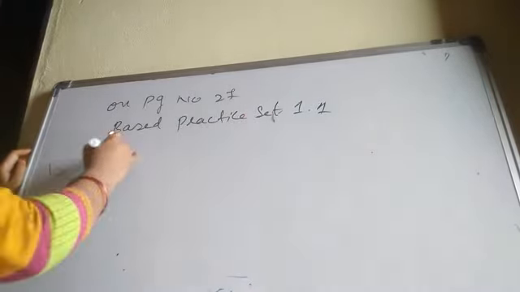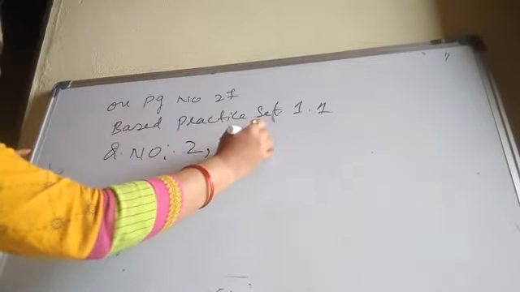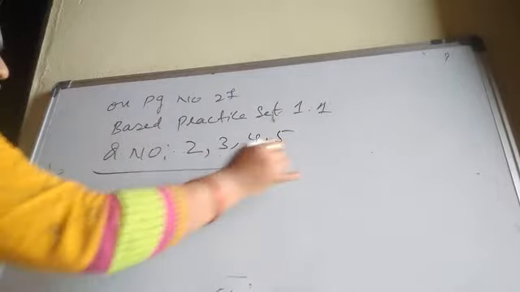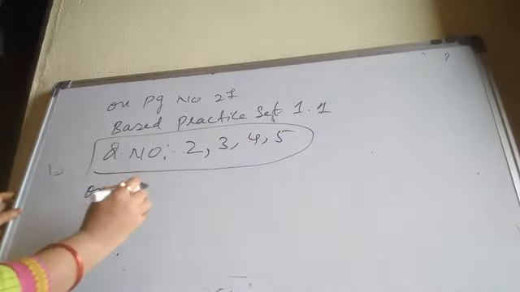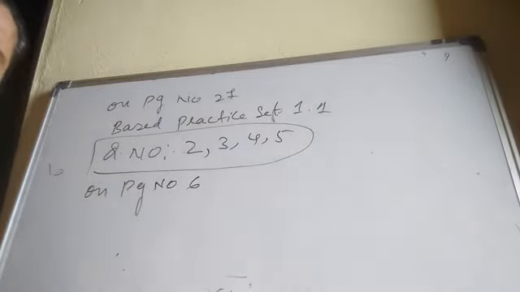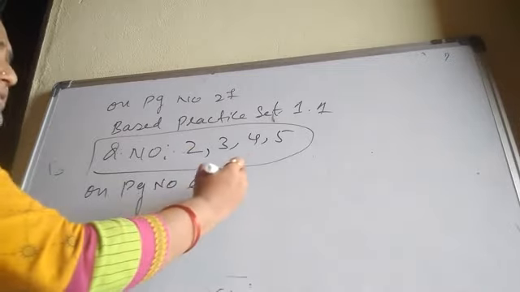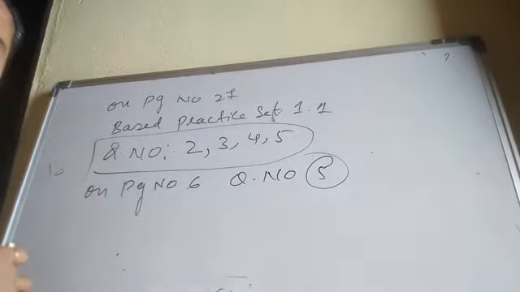There are 4 questions: question number 2, 3, 4, 5. These questions are homework. And on page number 6, in practice set, only one question you are going to solve. Page number 6, question number 5. Okay. In first exercise, you are going to identify the base and height, only 3 conditions. By this, your first exercise is completed.